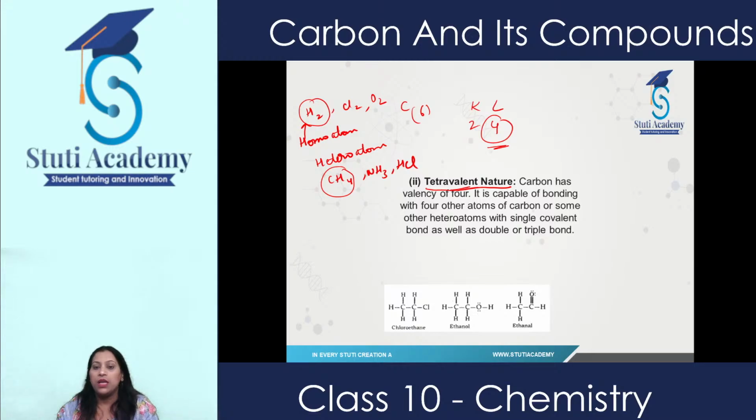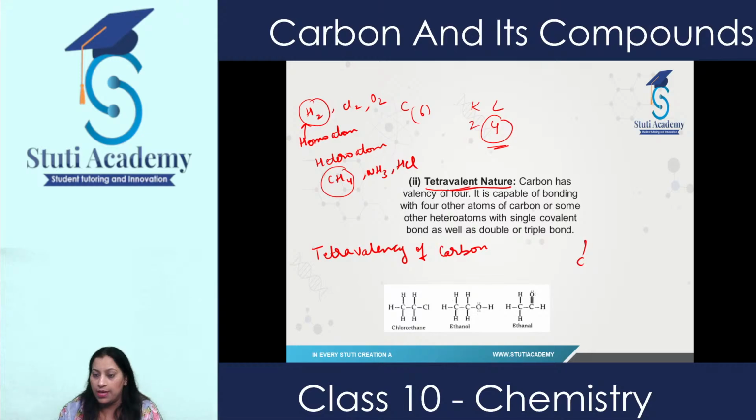So due to this property of tetravalent nature, or we call it tetravalency, the tetravalency of carbon, it achieves inert gas configuration, and as a result it leads to the formation of different types of bonds.